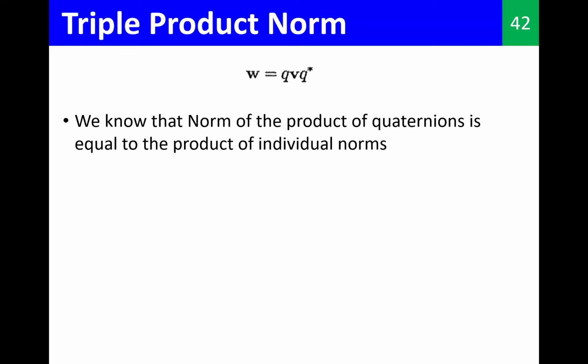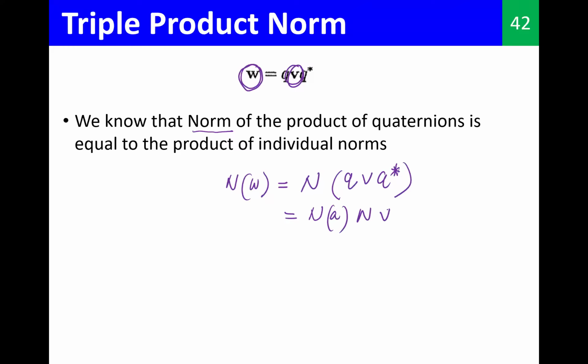Before that, we have to check the norm also, right? I want to make sure this has the same norm as this guy. So it's pretty straightforward. The norm of q v q conjugate: we know that the norm of the product of quaternions is equal to the product of the individual norms, right?